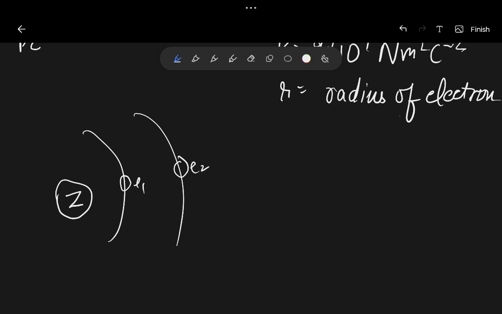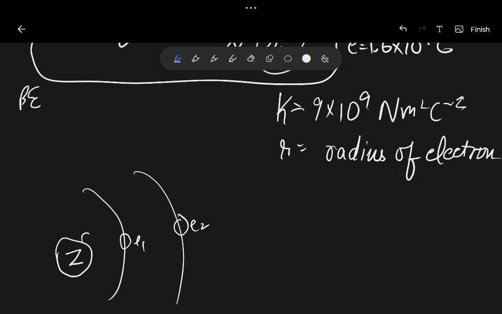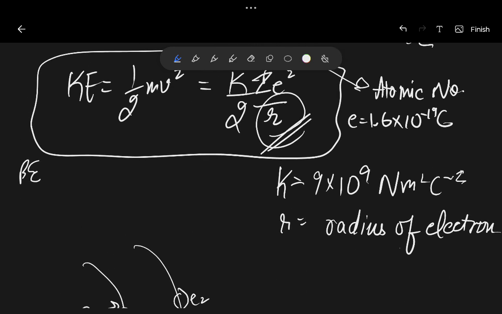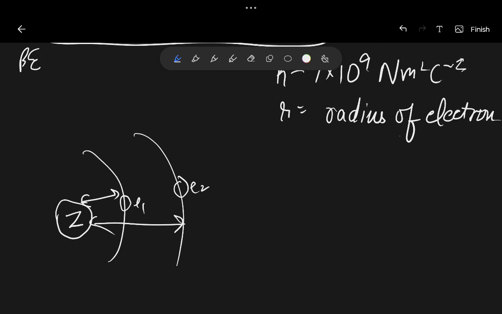Now if I ask you which electron has more kinetic energy, what you can do is use this formula. As you can see, the radius here is less than the radius here. As we increase the radius, the kinetic energy decreases, and the less the radius, the more the kinetic energy.